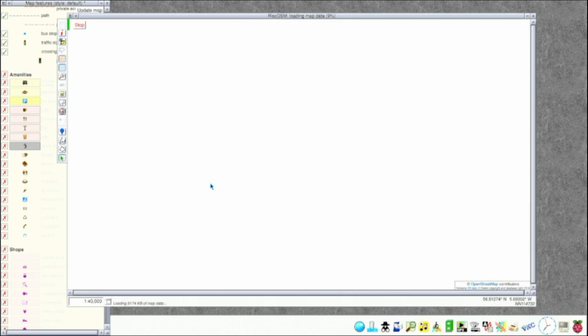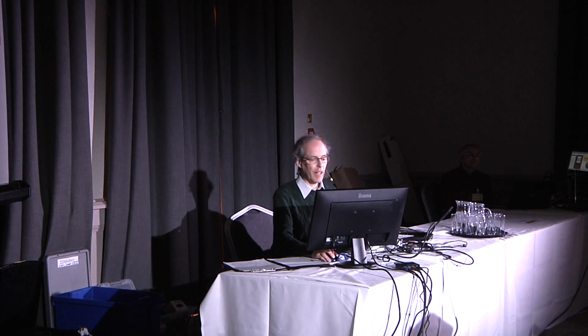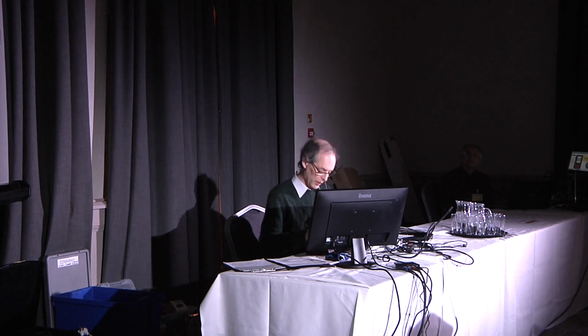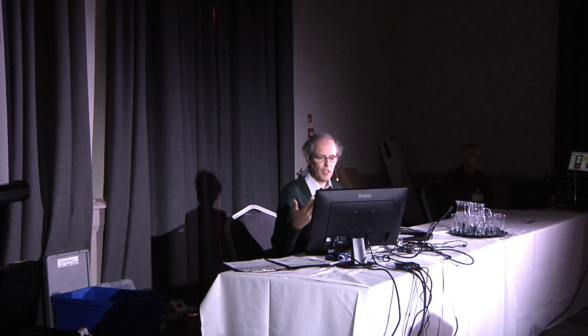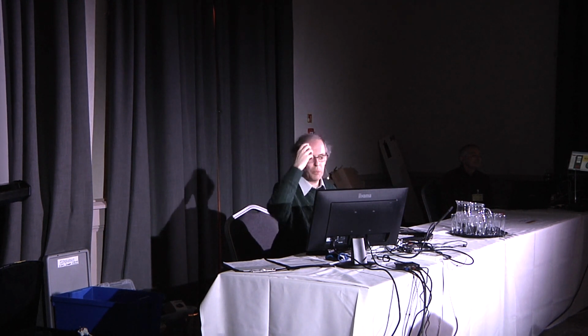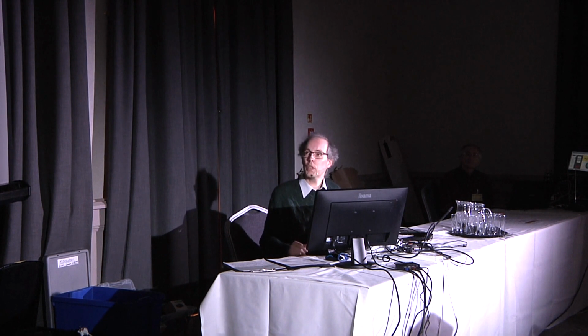Because most of ROCC OSM is built on OpenStreetMap data, and one of the motivations behind the founding of OpenStreetMap, which was, I don't know, 15 years ago, something like that, was that Ordnance Survey data in this country was not freely available in any form. So some people started OpenStreetMap, and it expanded worldwide.